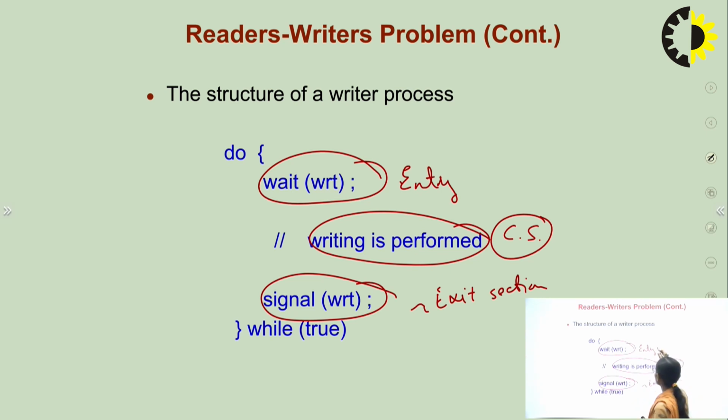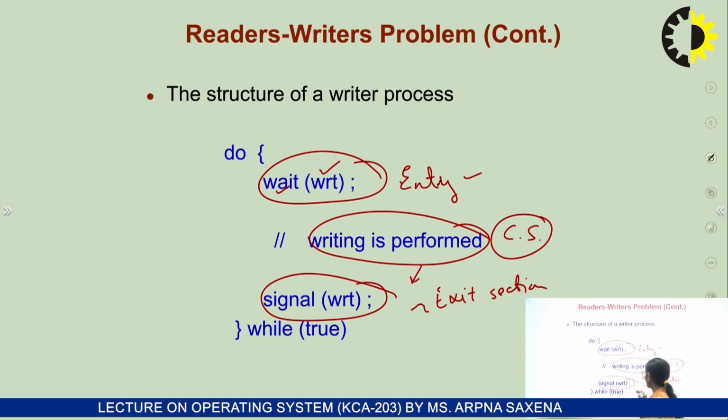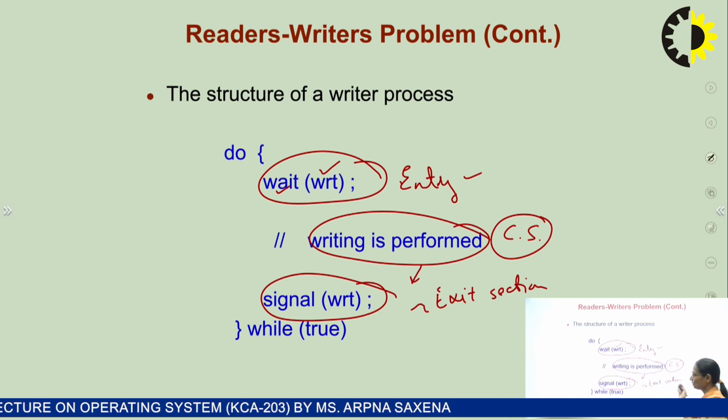But in the entry section, we apply the wait operation of the semaphore with respect to the WRT semaphore, and as soon as the writer process comes out of its critical section, it will send a signal to other processes with the help of this exit section code.